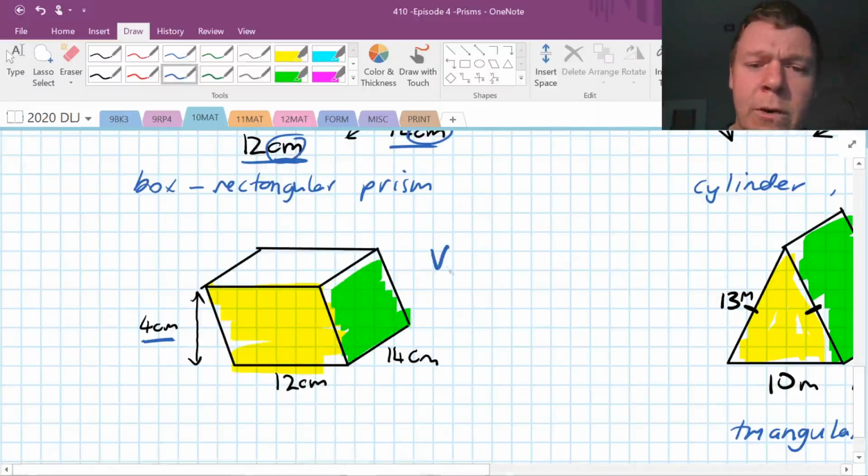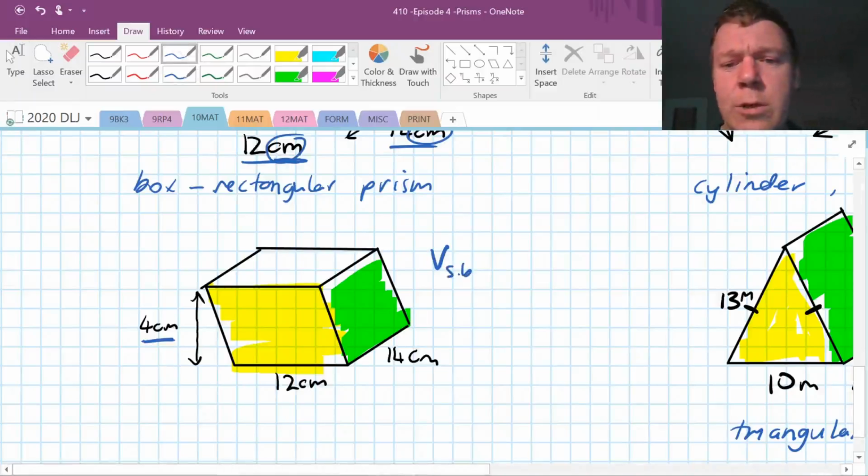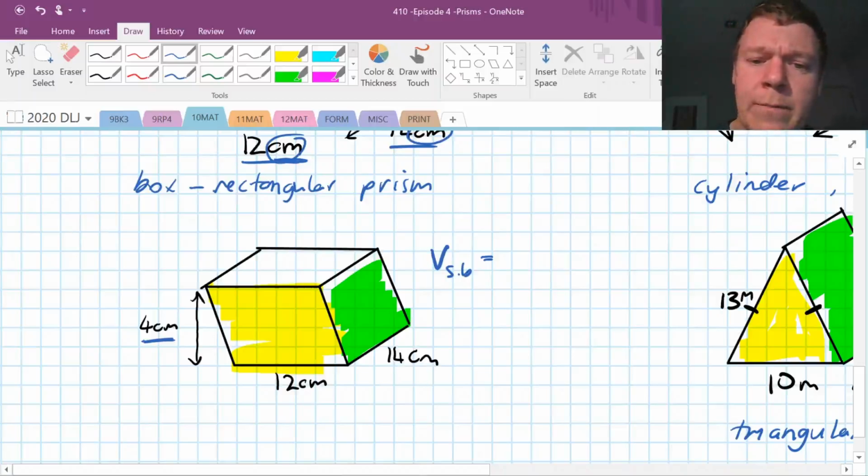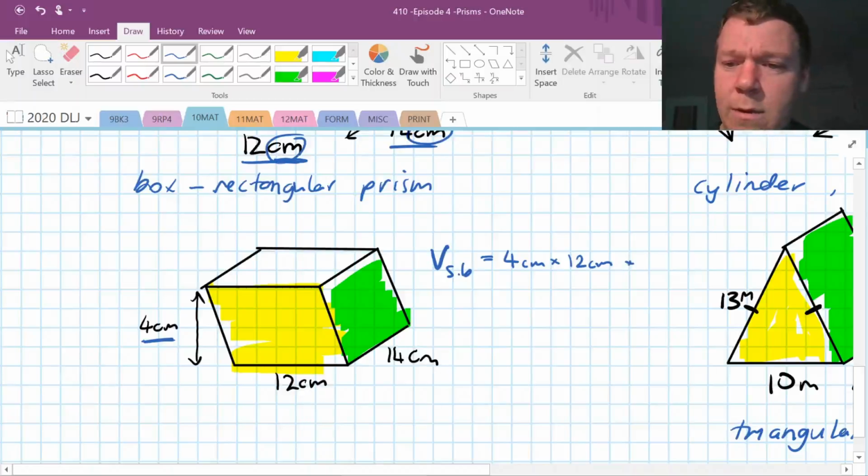So the volume of the squashed box equals 4 centimeters times 12 centimeters times 14 centimeters.